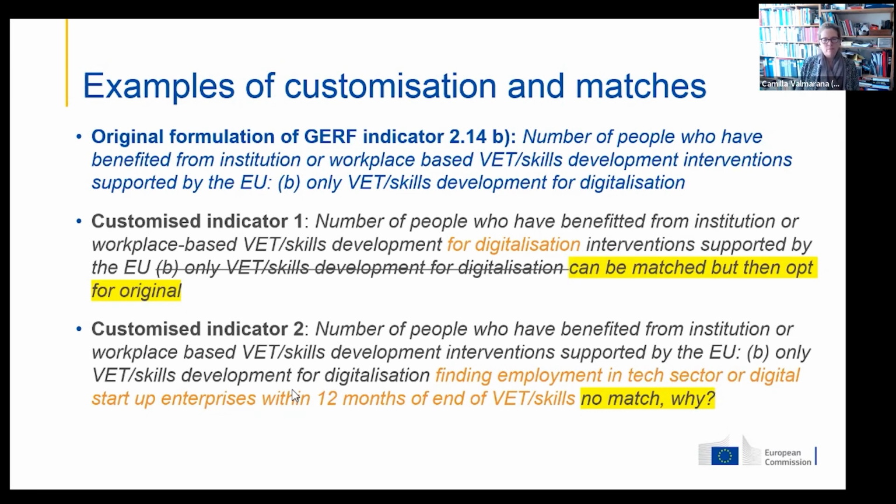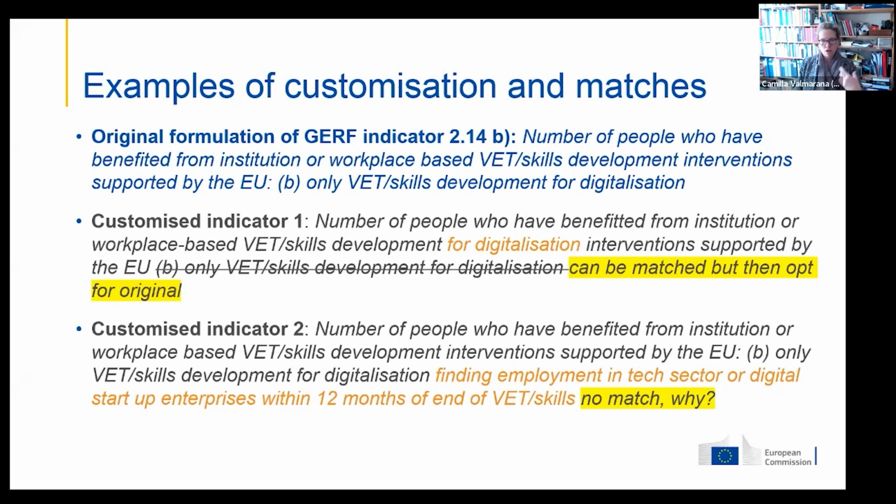In this case, we can't make the match, or we should not make the match, because in principle, you can still make the match, but it's a wrong match. What we are measuring with the second indicator is the number of people who benefited from VET, but also found employment. So we're measuring the number of people finding employment. So we're measuring two different things.